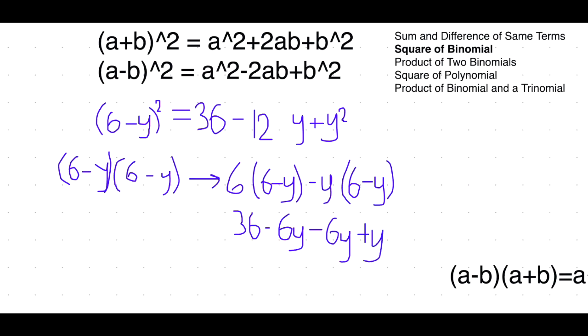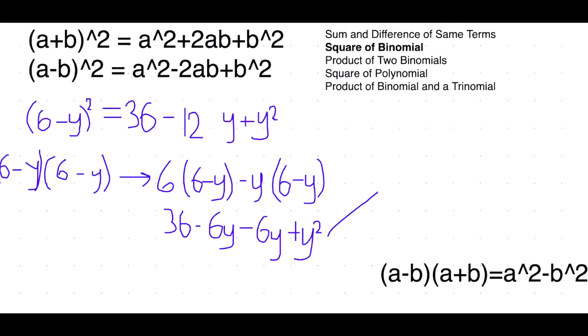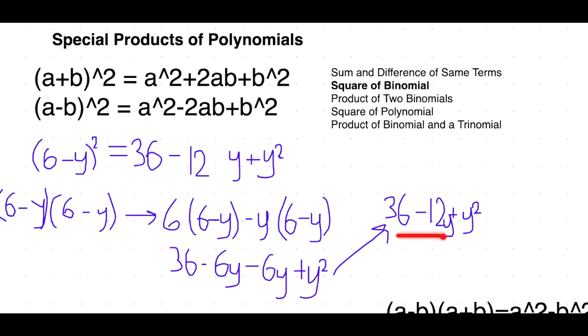This is minus 6y and minus 6y, so it's two of the same. So you can rewrite that as 36 minus 12y plus y squared, the same answer that we got by using the special product of polynomials, the rule for the square of binomials.